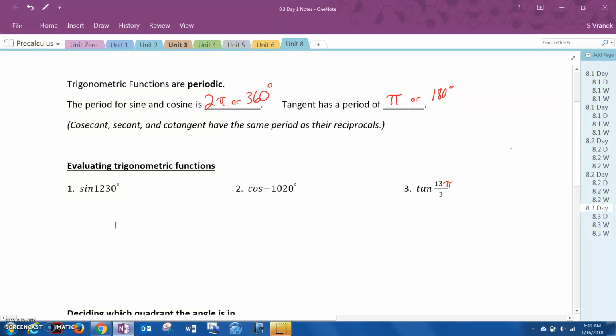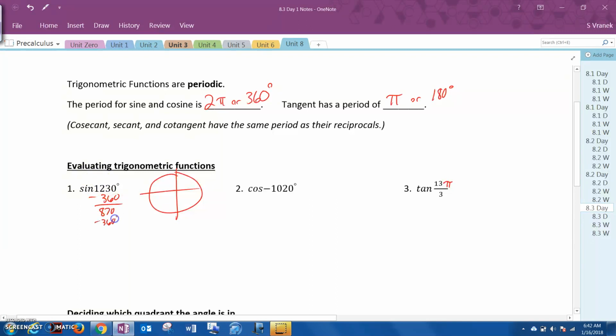So evaluate these trig functions. The key here is sine of 1230. We don't know where that is on the circle, so we have to unwind it. You have to imagine that this has gone around a bunch of times, so you just keep taking 360 away. 1230 minus 360 is 870.